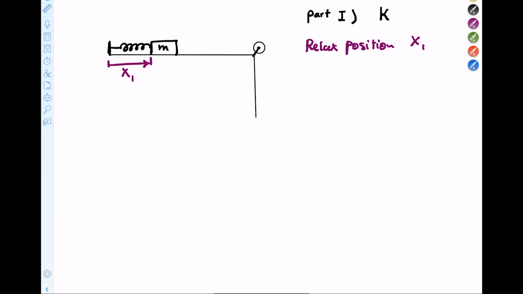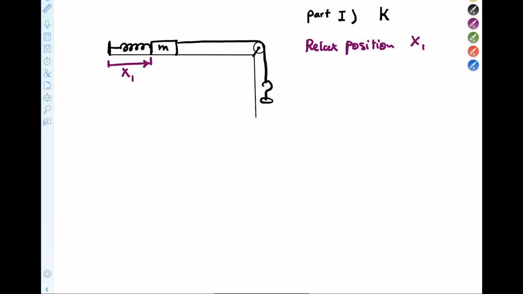Now let's say that I connect this system of a spring and mass to a pulley with a string, and on the other end of the pulley I have a mass holder. I can add masses as I want.